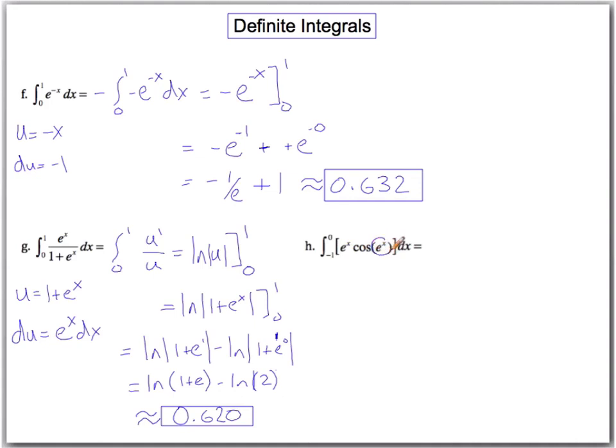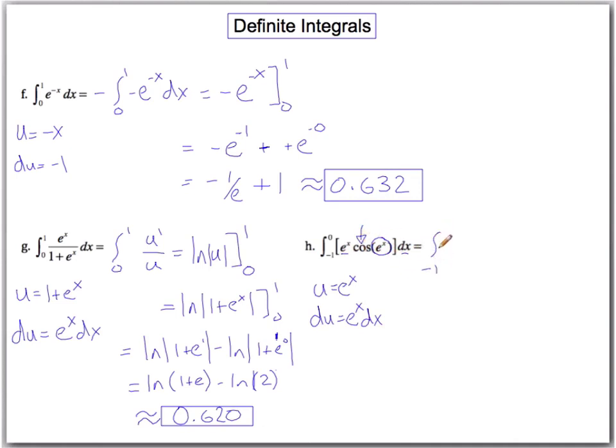And so I'm going to think, let's try to let u equal e to the x. And then du would equal e to the x dx. Now, if I look at this, I do have an e to the x dx.